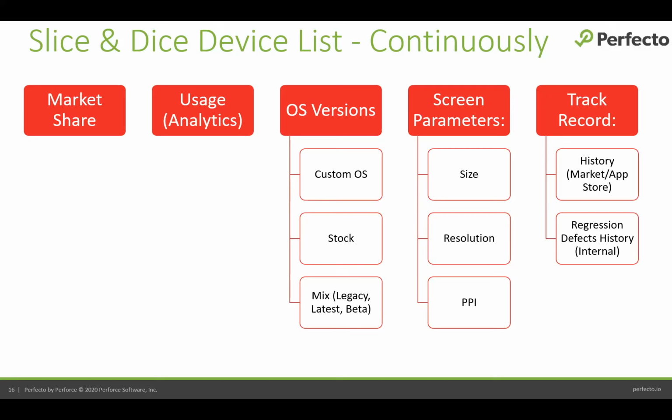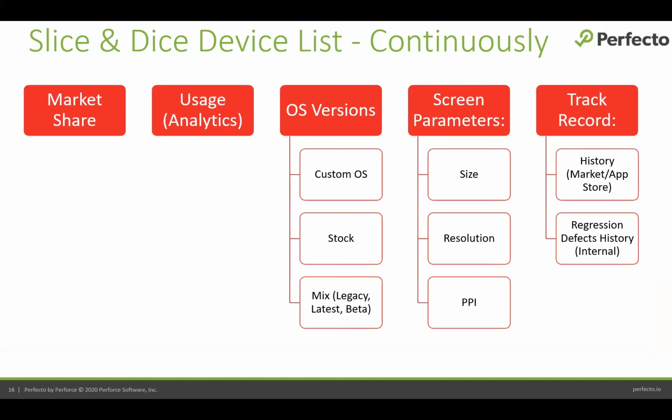And this guide recommends, across 10 different countries and geographies, which devices and which operating systems and which browsers you should be considering as part of your device lab for testing and development. And I'm taking into consideration the market share and the usage. I'm considering the operating system versions and the screen sizes and parameters. I'm only leaving to the customer the 2 items of usage analytics. I don't know the analytics of a specific customer.